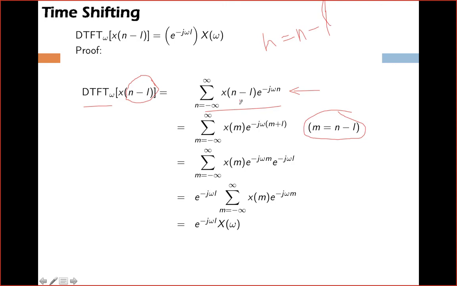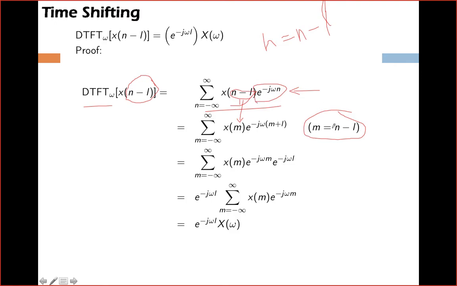But there will be some change after the summation. I am replacing n minus L by m. So x of m, and I have e power minus j omega n here.